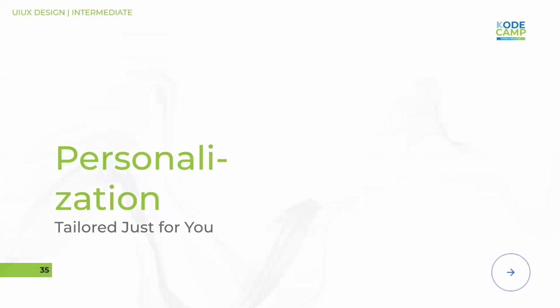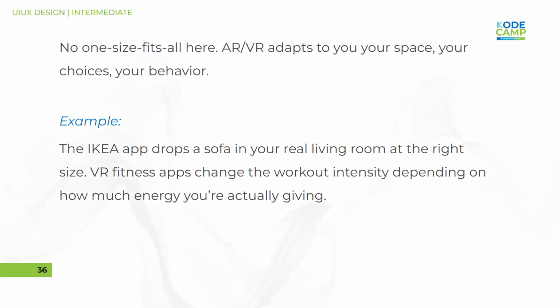So we also have personalization. No one size fits all here. AR and VR adapt to you and your space and even your choices and your behavior. The perfect example for this is the IKEA app. You can drop a real sofa into your real living room.